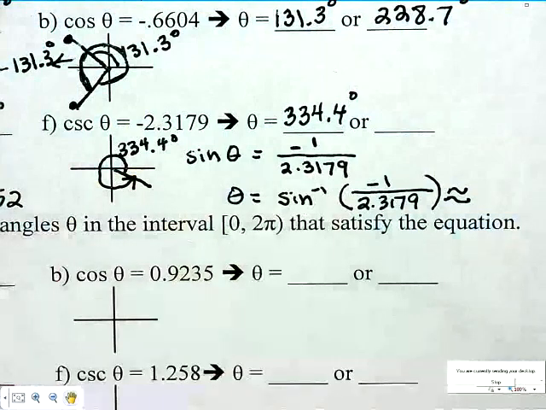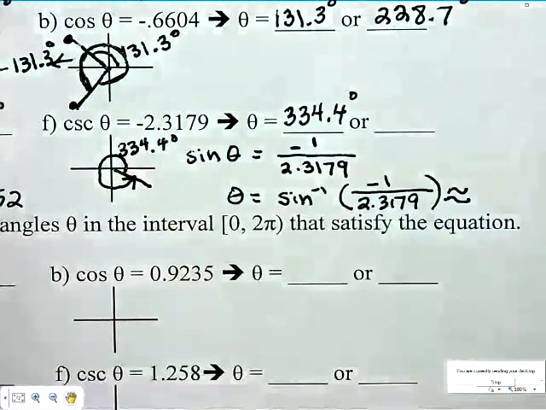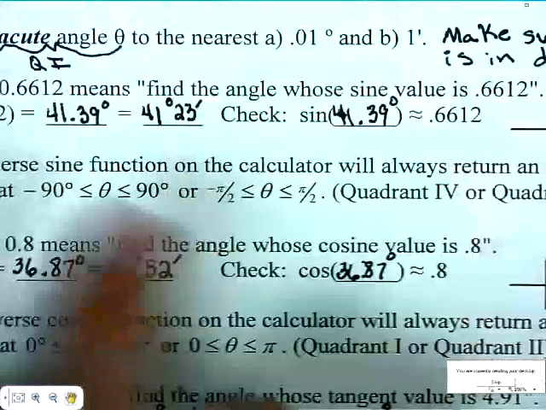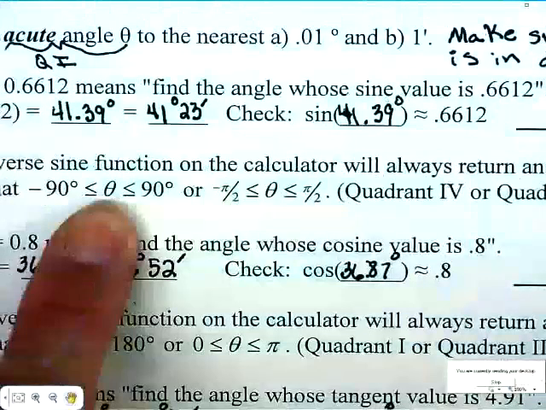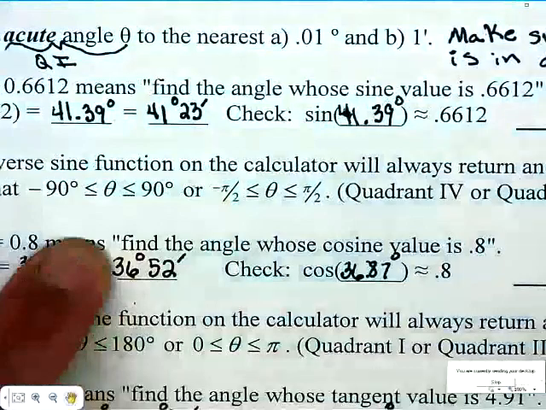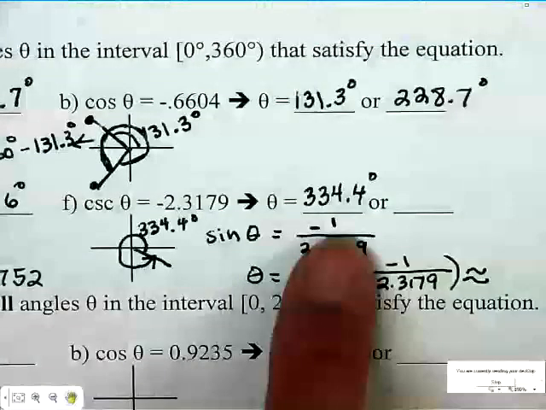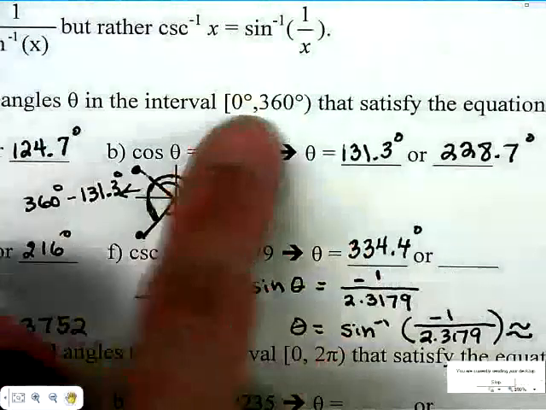Oh, I know why. Because your calculator's always going to, in degree mode, return you an angle between -90 and 90. Your -25 degrees is between -90 and +90. My 334.4 degrees is not. It is still, however, in the interval that I want my answer to be.